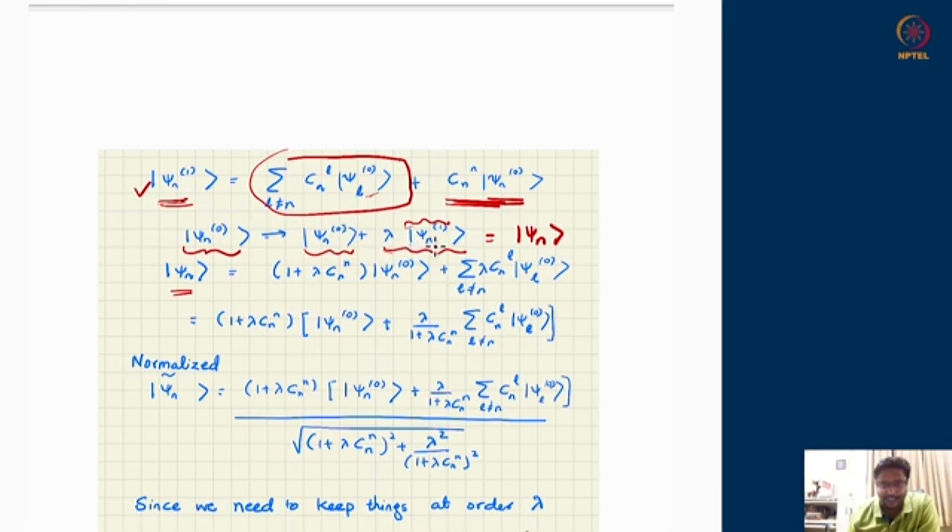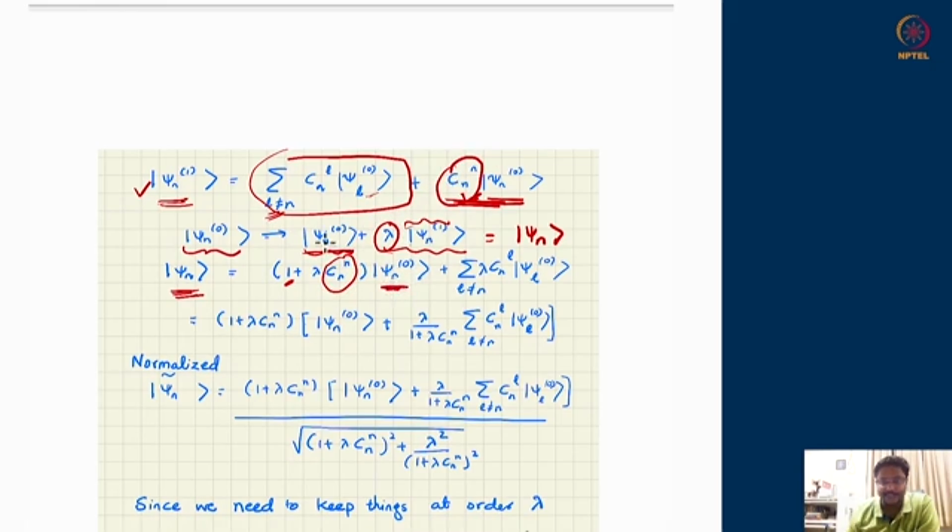In this psi n1, all the bases are being summed over, and there is one term which is also psi n0. So the corrected eigenfunction will be the previously existing eigenfunction with coefficient 1, and lambda times CNN, along the psi n0 direction.